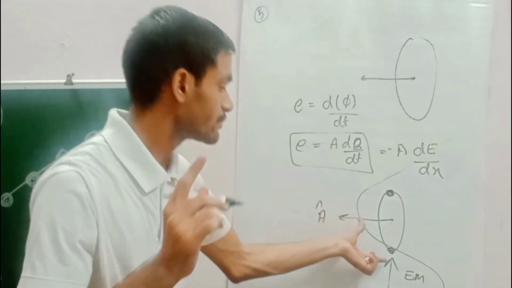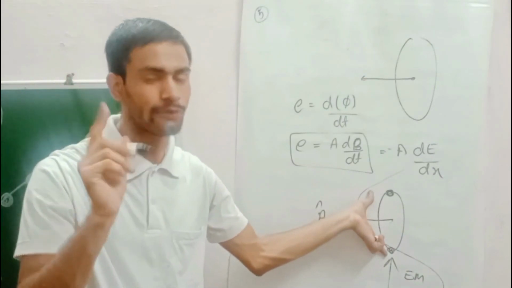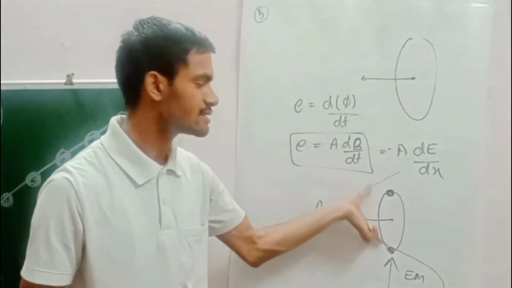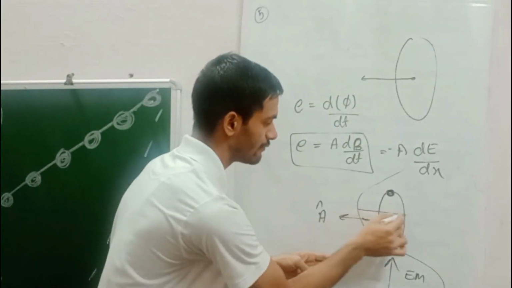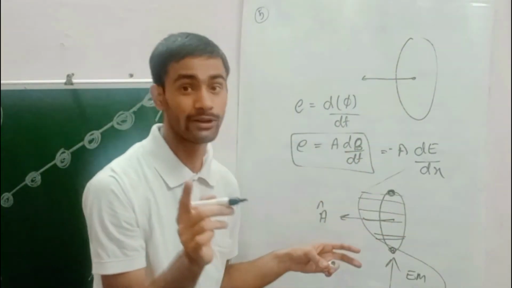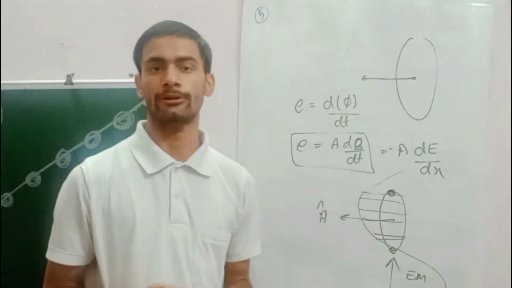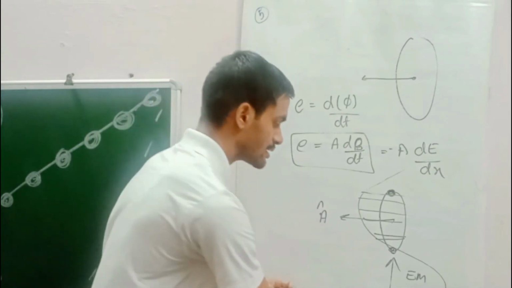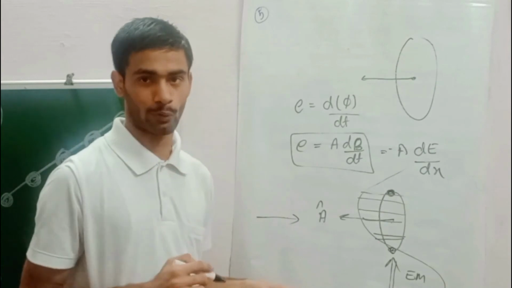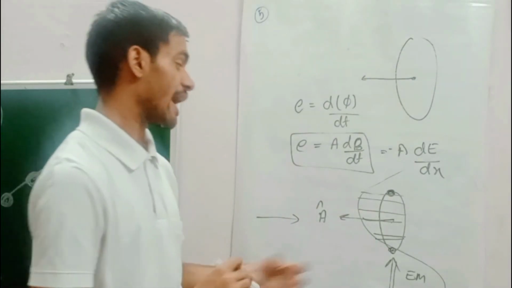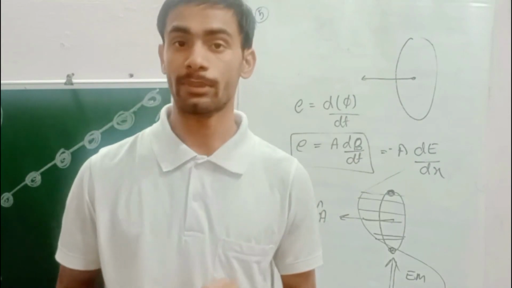Hence, maximum difference of EMF is to be induced between these two ends. As there is a change in the magnitude of the magnetic field, there would be an induction of EMF along this end. Hence, it should travel in this way. Try it out. So the answer is the angle should be 90 degrees in order to get the maximum EMF generated.